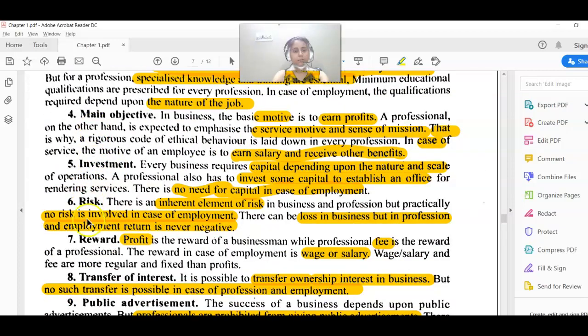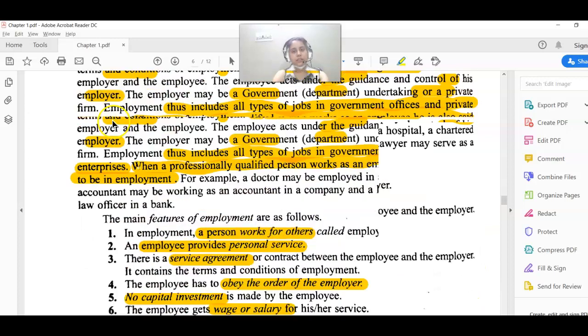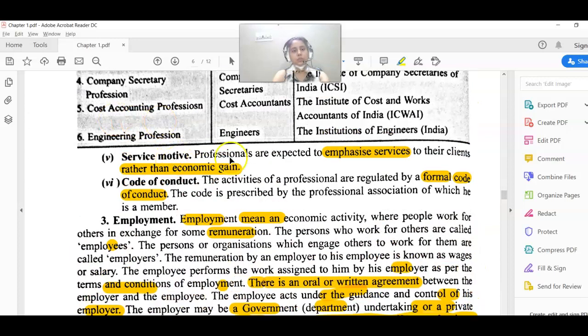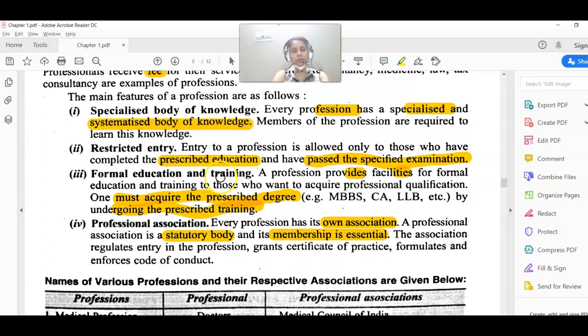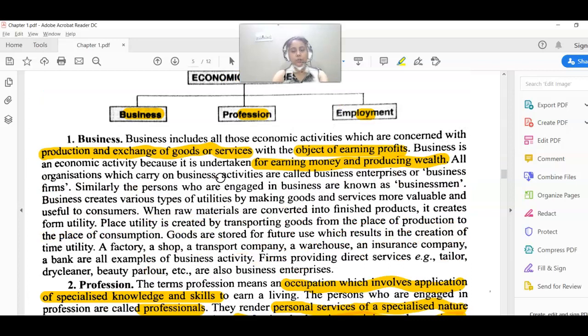These subheadings are very important. If you write these subheadings, 50% of it is already in. Then comes the explanation, you can do by making use of these highlighted lines and words, which I feel should be a part of your answer.